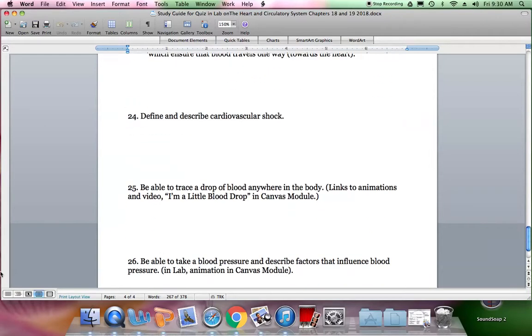Then be able to trace a drop of blood anywhere in the body. This is also covered in I'm a Little Blood Drop, and there's a link and a Word document that has the words in there, so you could follow along with the words.